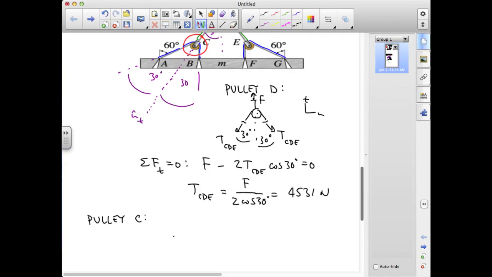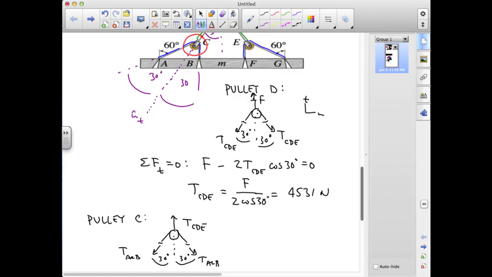This will again be the tangent direction. So now this is T_CDE, again bisecting the cable ACB. Again, this angle is 30 degrees on either side.